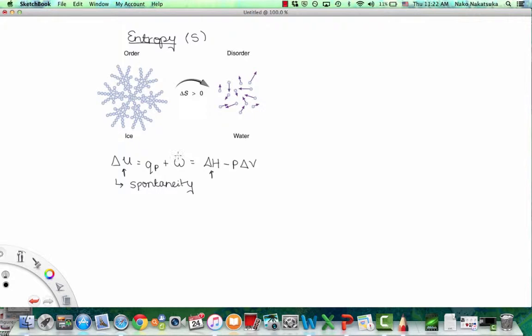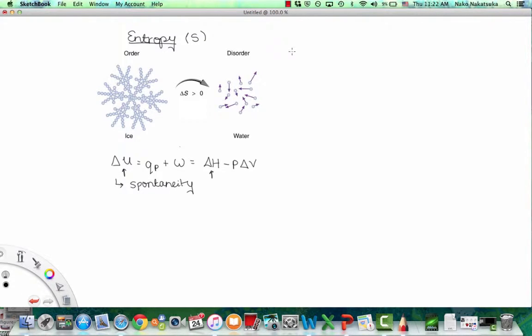And so now let me introduce you to what entropy is. It's often talked about as disorder, where if you go from an ordered molecule, in this case let's say ice, to disorder where they're broken up into their individual molecules, going from a solid to a liquid, there's an entropy change that is positive.